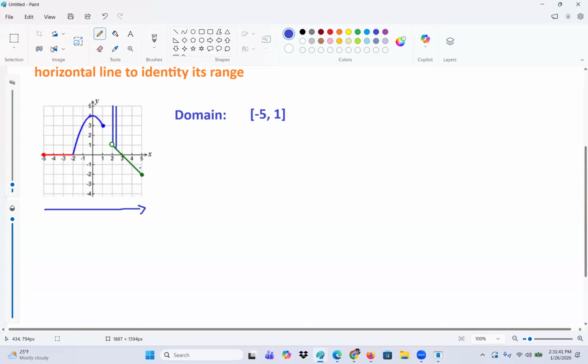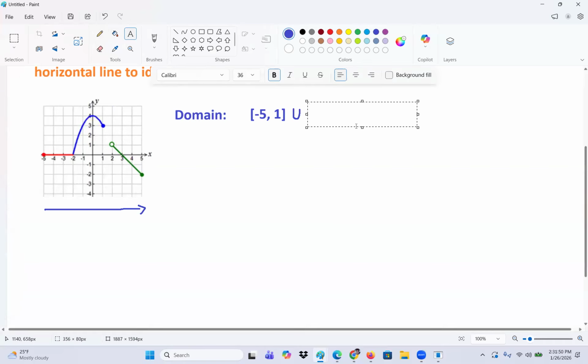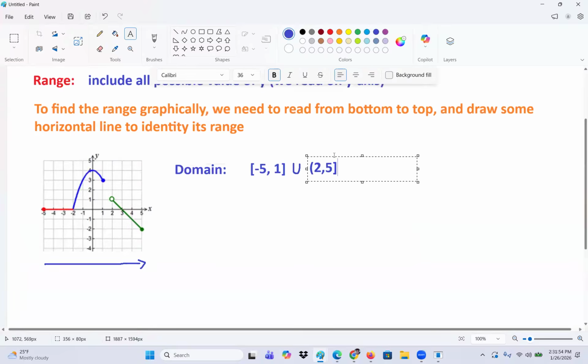We stop at 5. So in other words, the domain of this function will be from -5 to 1, and then from 2 to 5. Any questions? We just have to draw some vertical lines to see if they intersect the function. And this is how we find the domain of the function graphically.